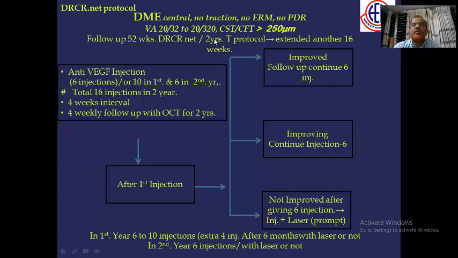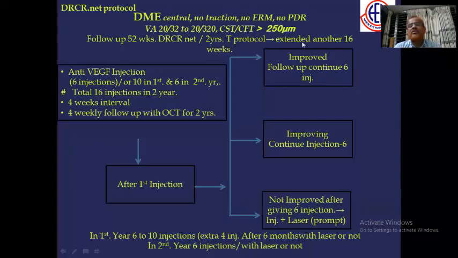I prefer to follow up 2 years, because if we treat this patient for 2 years and keep the macula dry for 2 years, I think the patient may be cured permanently, or safe from a life-threatening situation.